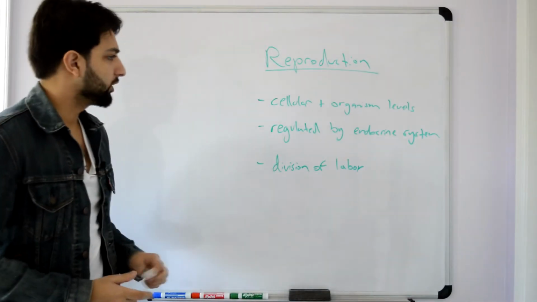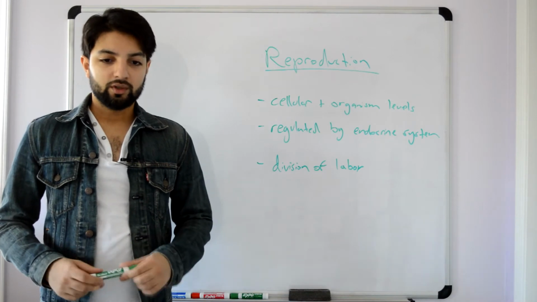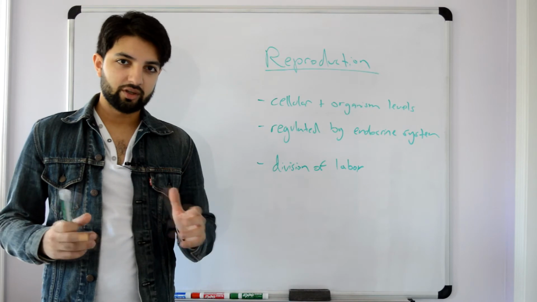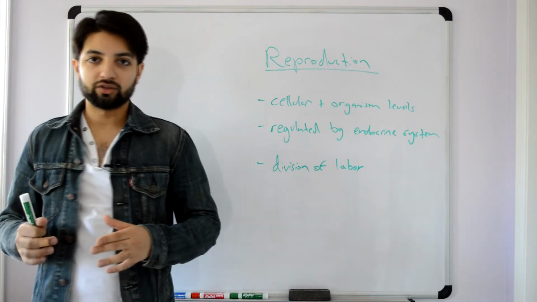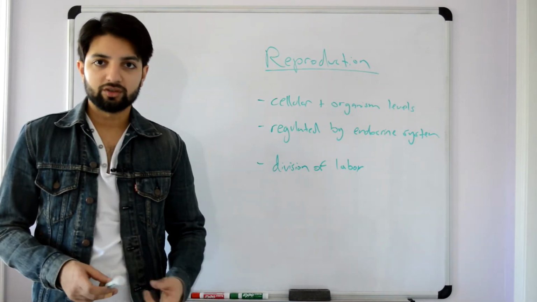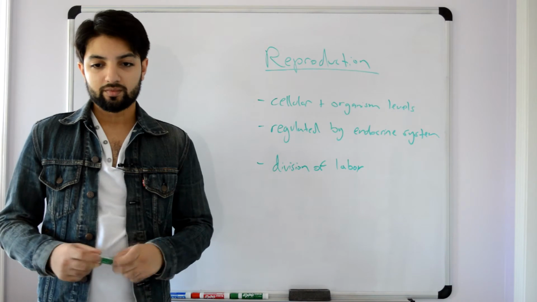Okay, so reproduction. This occurs at the cellular and the organismal level. Now, in cells, reproduction occurs when the original cell divides into two identical daughter cells. And at the organismal level, the reproductive system is responsible for producing an entirely new organism.